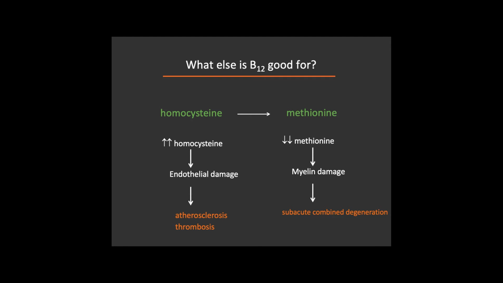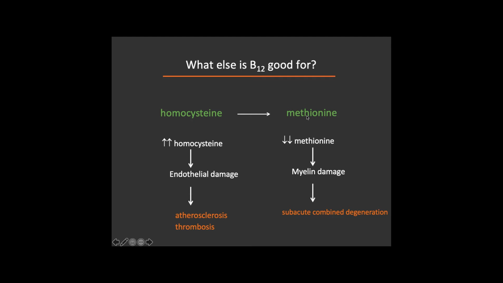Now, vitamin B12 is very important to prevent this type of anemia. What vitamin B12 does is it helps in the conversion of the amino acid homocysteine to methionine. If you don't have vitamin B12, you can't do this conversion.